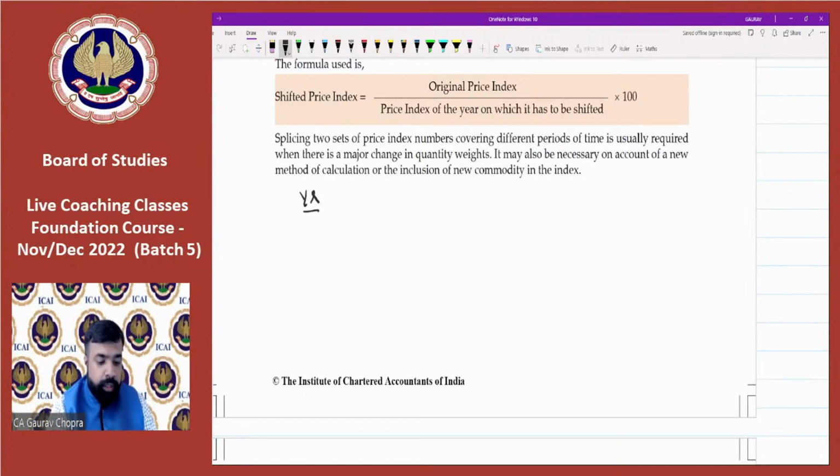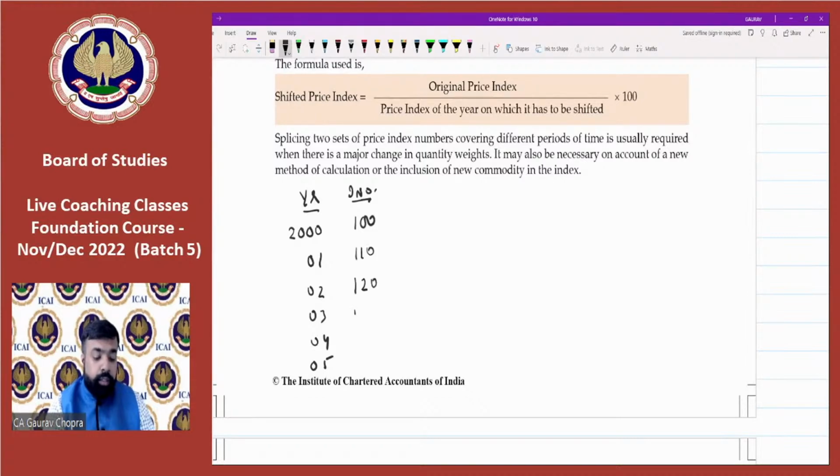We are having years 2000, 2001, 2, 3, 4, and then 5. Index number is given 100, 110, 120, 140, 160, and then 200. This is given.